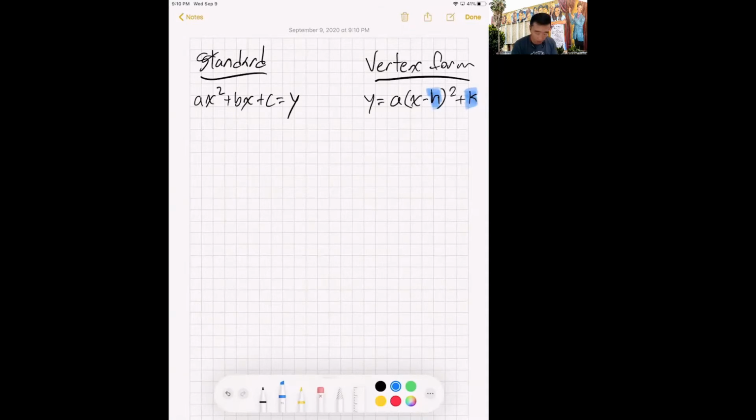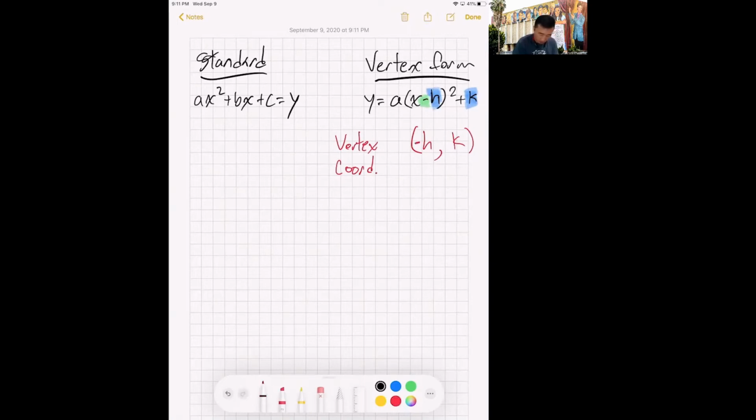It's called the vertex form because those two things will give you the vertex coordinate. But do you see this negative right in front of the h? That means that you got to switch the sign of that particular number in order to get to the vertex. Okay, that's what that negative means. It doesn't mean that everything is negative. It means that whatever it is, you have to change it to the opposite.